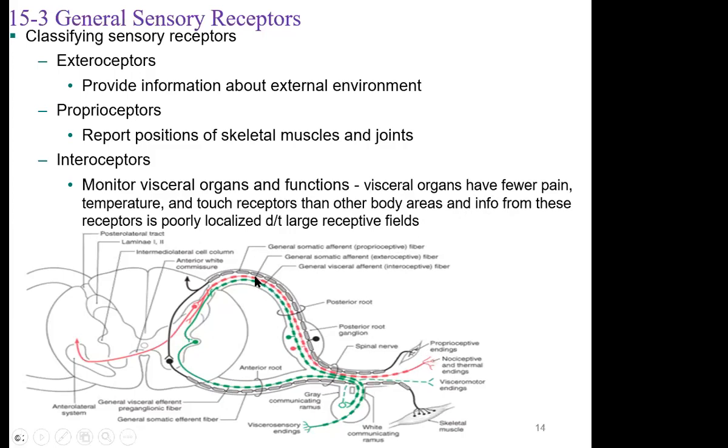Trace it all the way up, we've got the general somatic afferent extero. Okay, pain, temperature, that is external environment. Viscero, we trace the green. Keep going: general visceral afferent entero fiber.